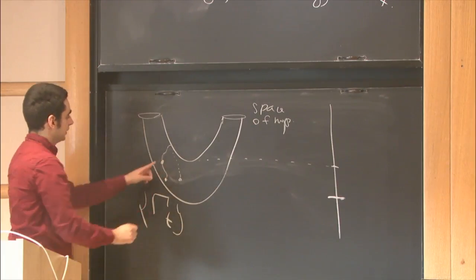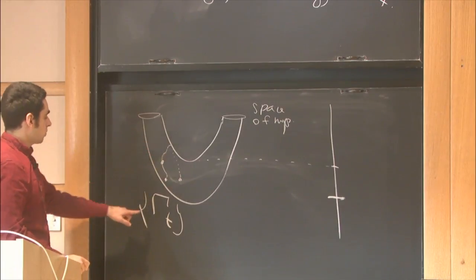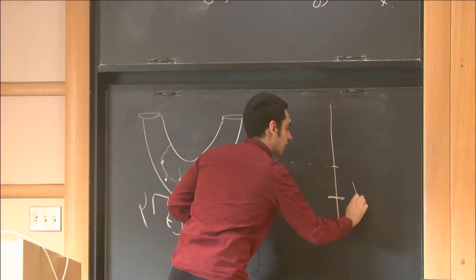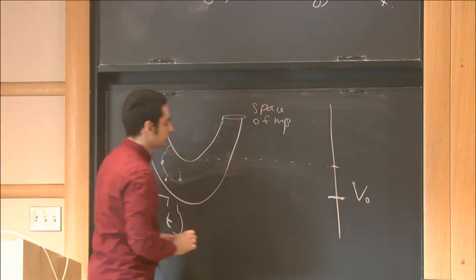So each point here is a hypersurface, which begin and end on a hypersurface below some threshold V0.